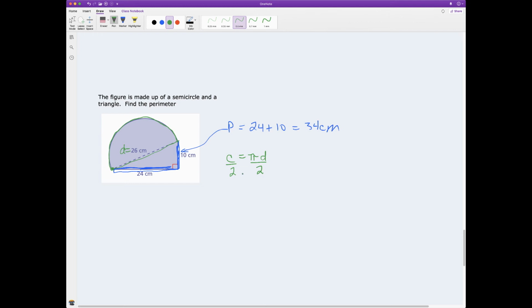Whatever I do to one side, I have to do to the other. So here's my formula: the circumference divided by 2 equals 3.14 times 26 divided by 2. And I can cancel: that's 13, that's 1. So I have 3.14 times 13.